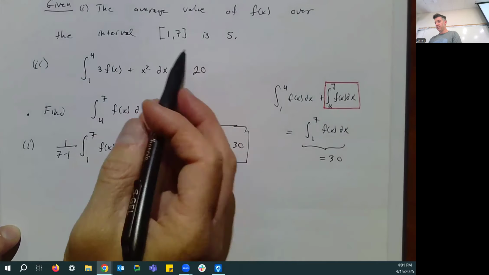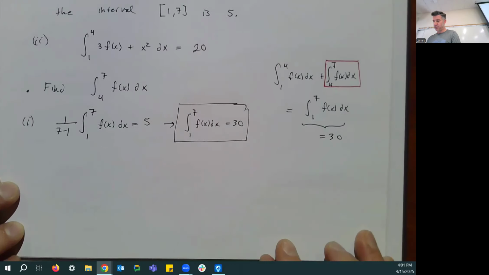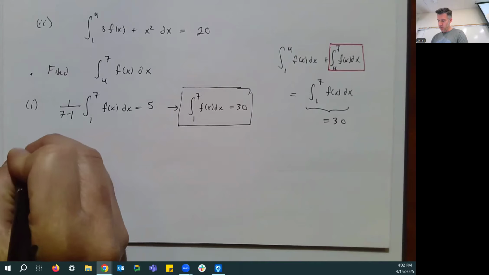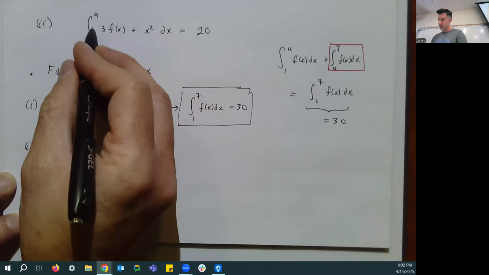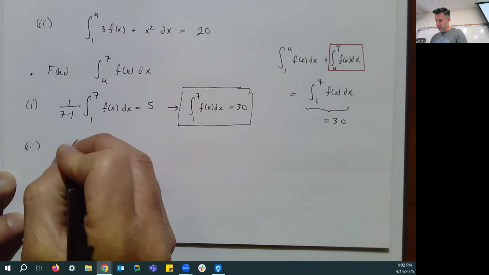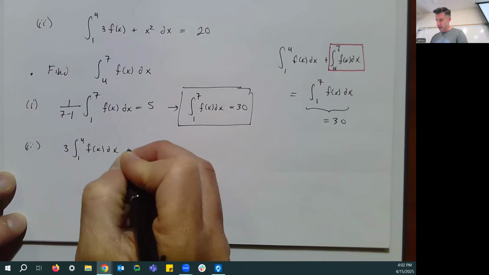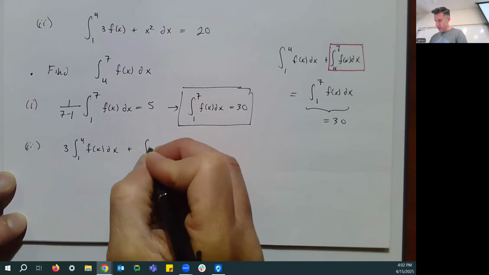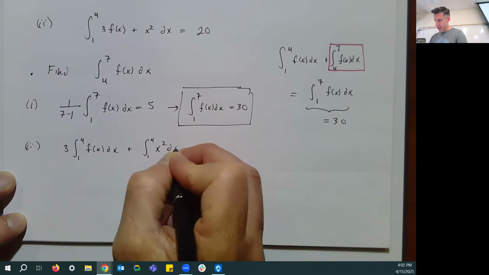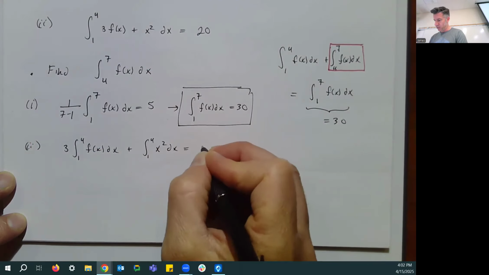This part here, we're going to break it up. So part 2, I'm going to rewrite as 3 times the integral from 1 to 4 of f of x dx plus the integral from 1 to 4 of x squared dx is equal to 20.